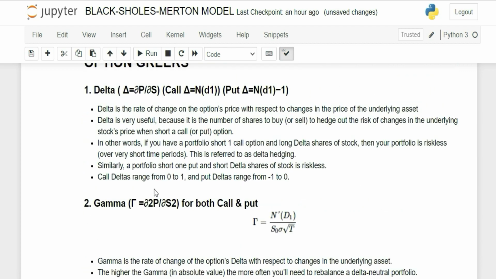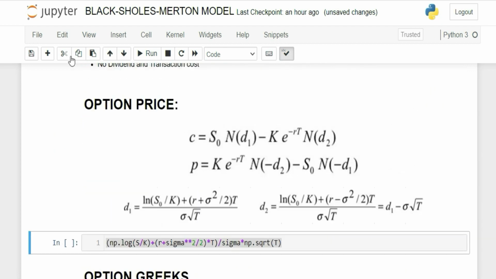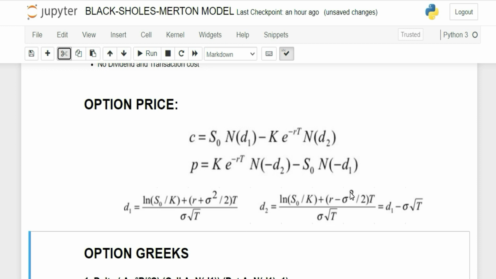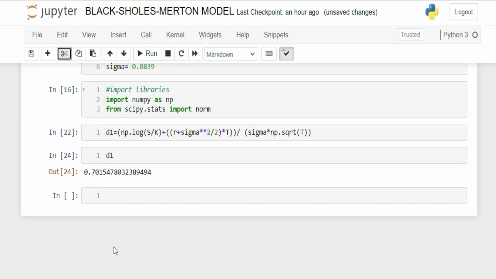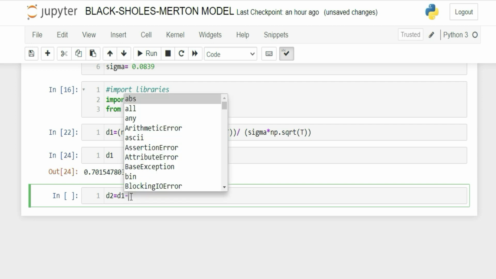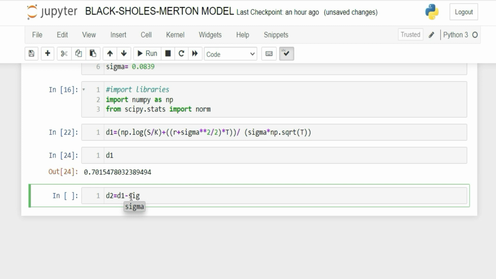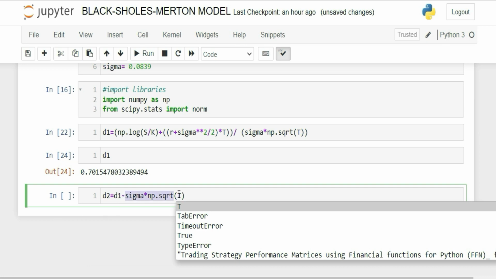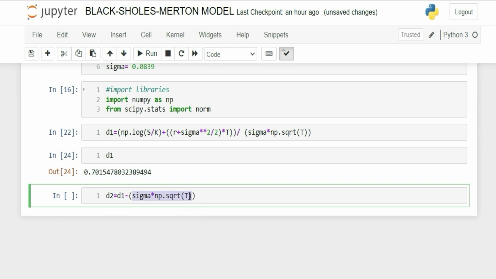So the D2 is, let me delete this, I don't need this. So let's see the D2. So D2 is equal to D1 minus sigma into np.sqrt of T. So this is the whole put.